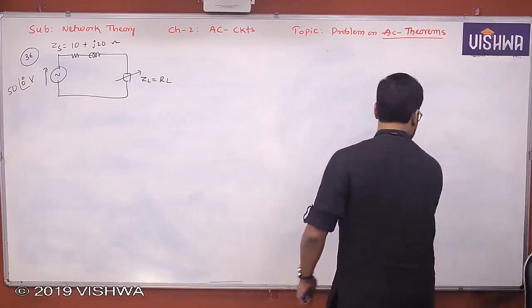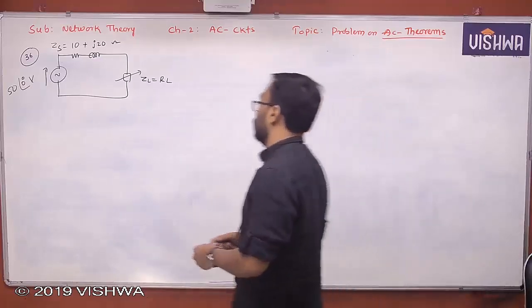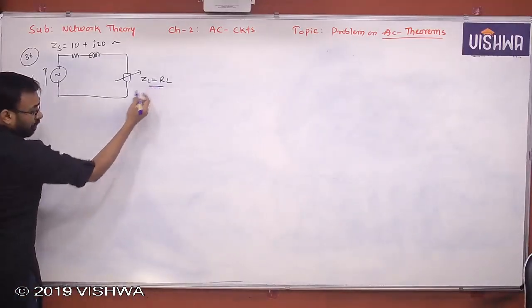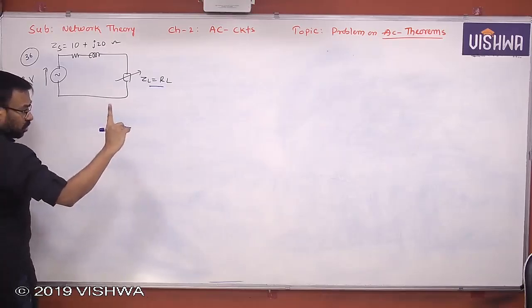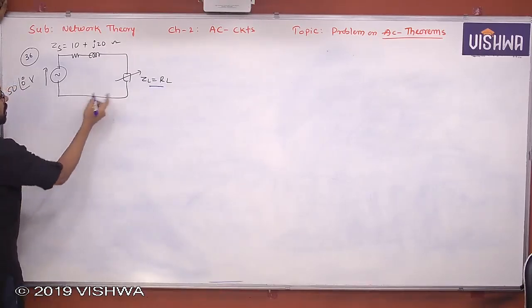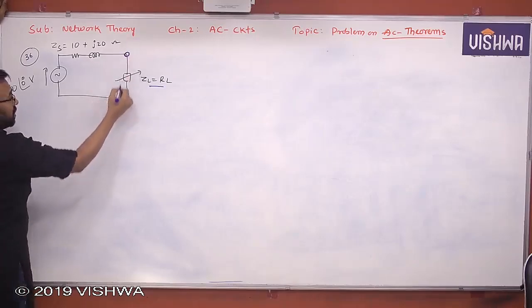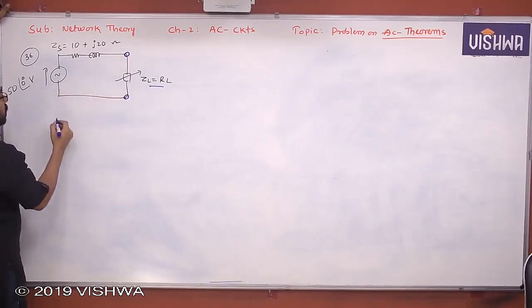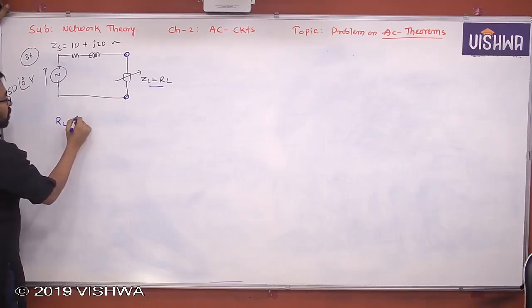Okay, so what is actually the ZL here? A pure resistive element. So it comes under the first case. Under the first case, first you replace the given network with Thevenin's equivalent. Already it is a Thevenin's equivalent. Yes or no?